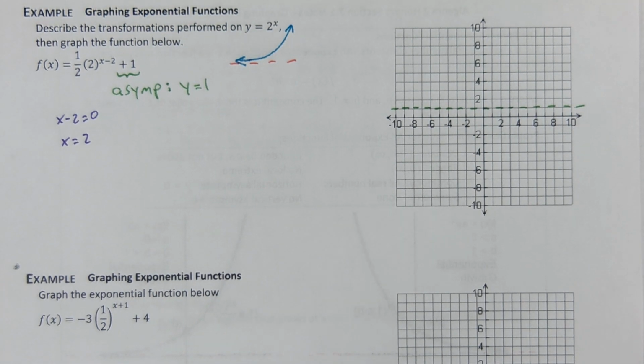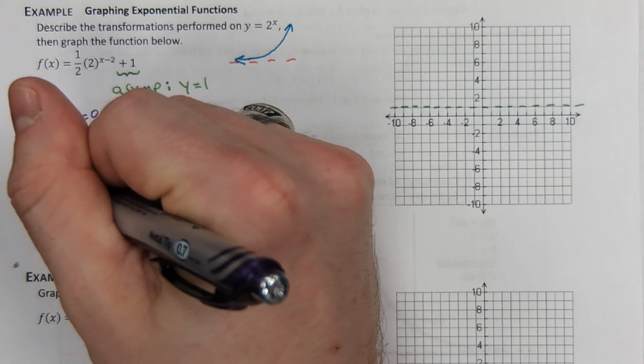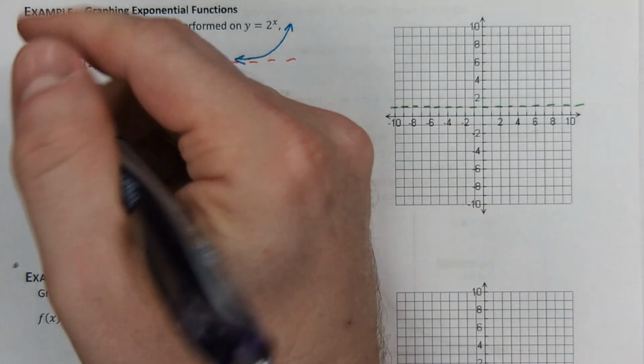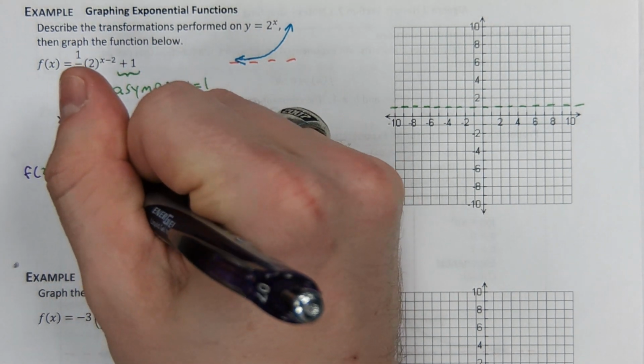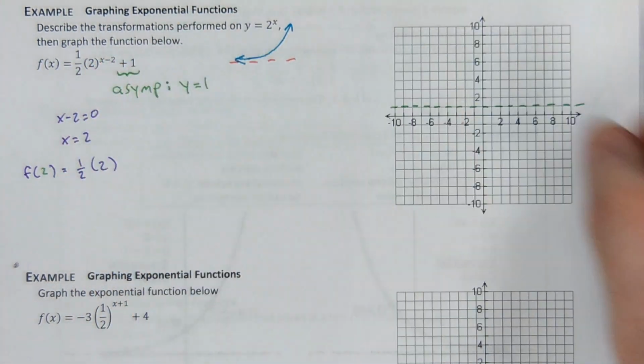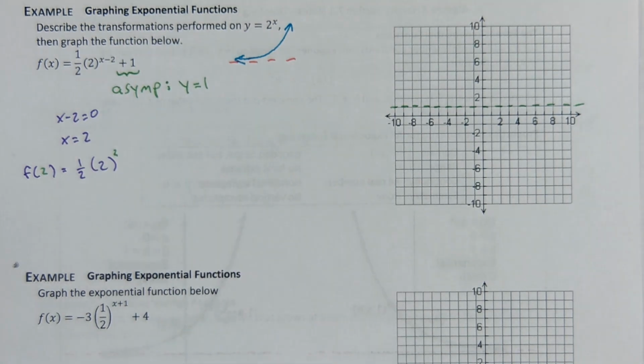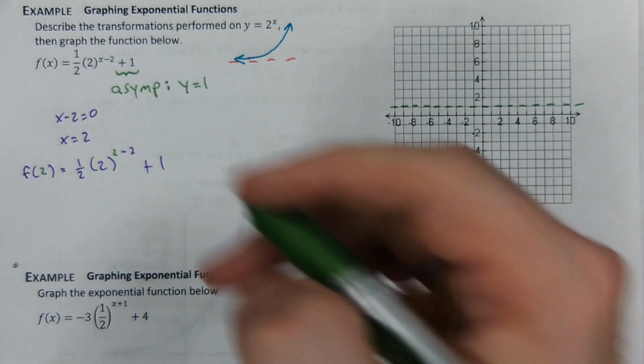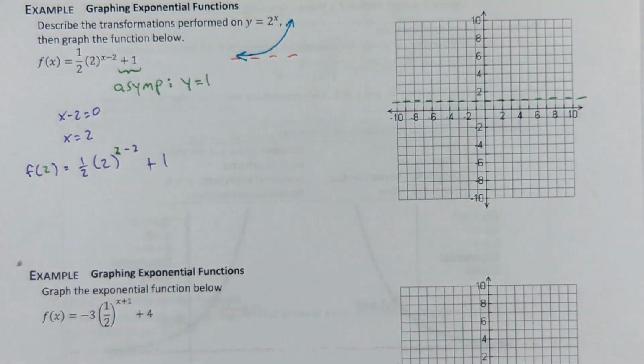We need to figure out what the y value is there so we can plot that dot. Well, the exponent is now going to be 2 minus 2, which forces the exponent to be 0.